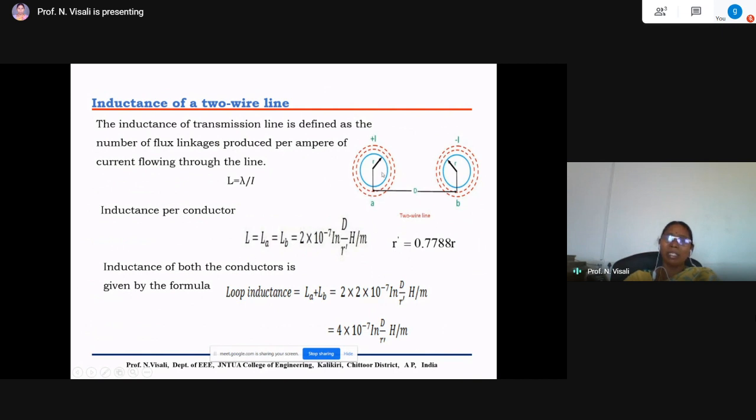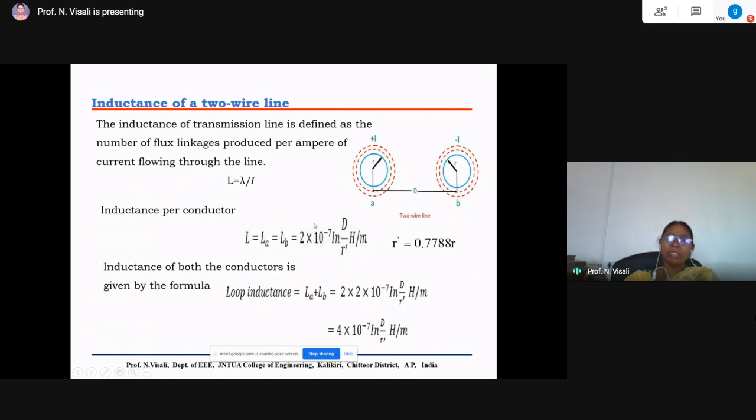Since both are similar conductors, we consider that LA is equal to LB. Similarly, similar inductance is developed in each conductor. So L is equal to 2 into 10 to the power of minus 7 ln d by r dash henries per meter.